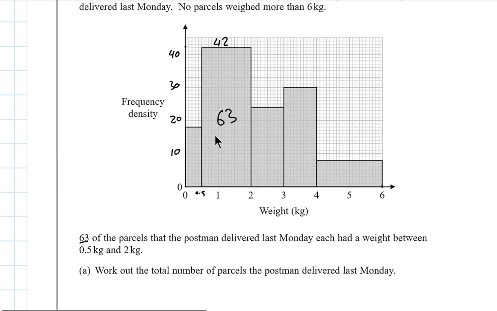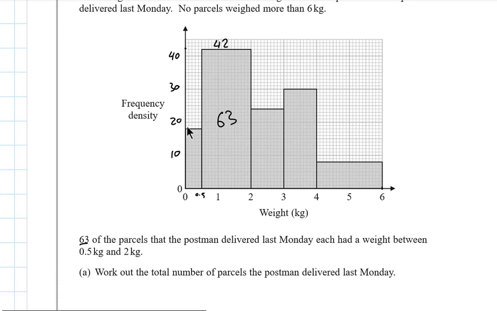For the first bar we have here height 18, right? So we should multiply 18 times half, which is 9. I put inside the bar the frequency, and above the bar I put the frequency density.